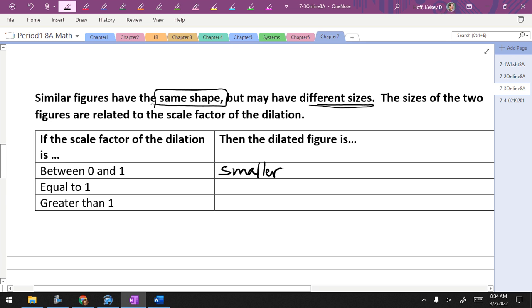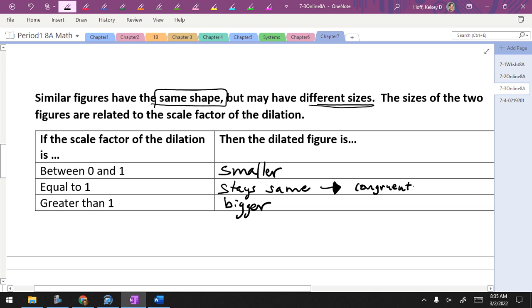If your scale factor is equal to 1, did it get bigger, smaller, or stay the same? Very good. And greater than 1, bigger, smaller, stays the same? Bigger. Okay. If something stays the same shape and same size, what's the word we use? Very good. Congruent.